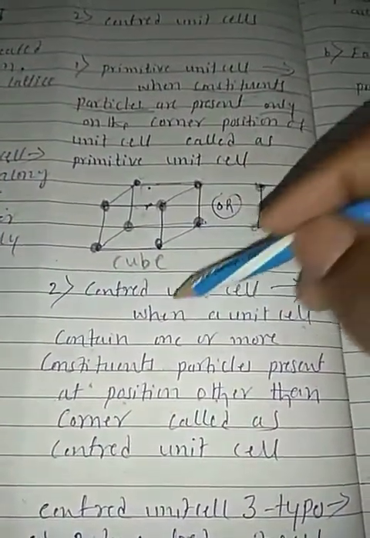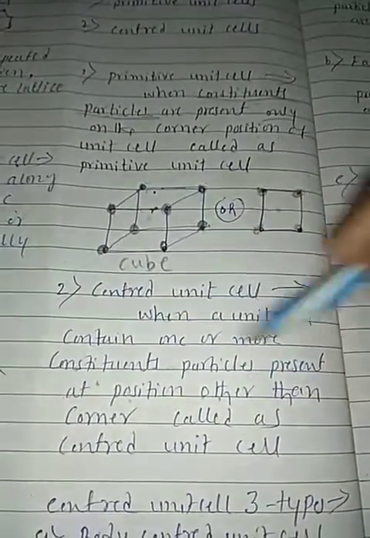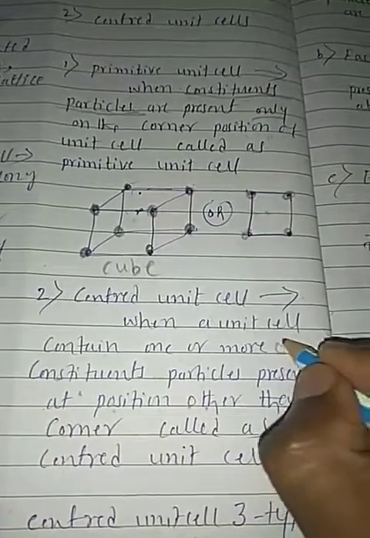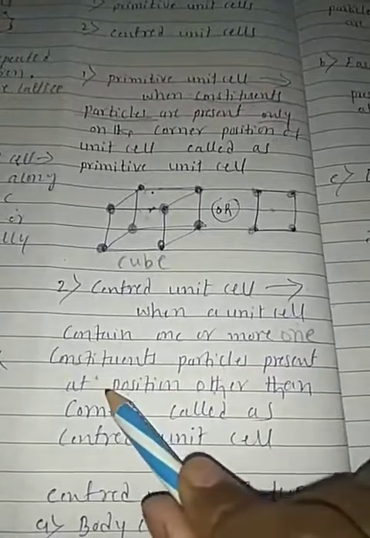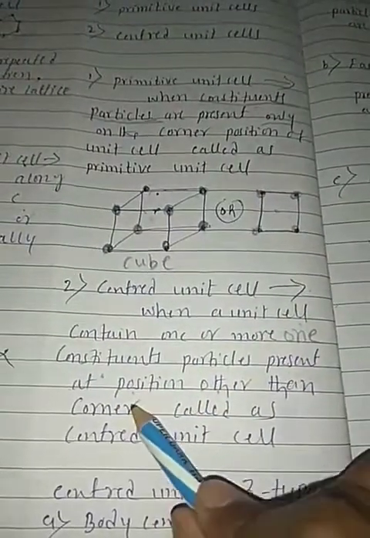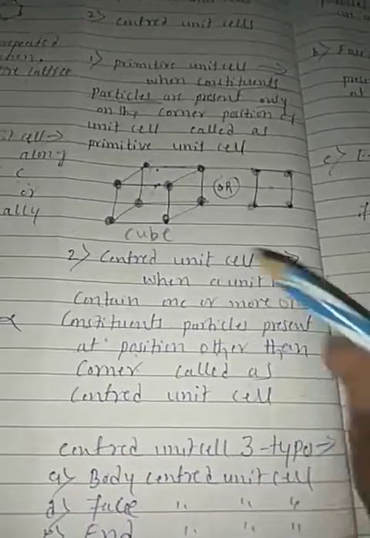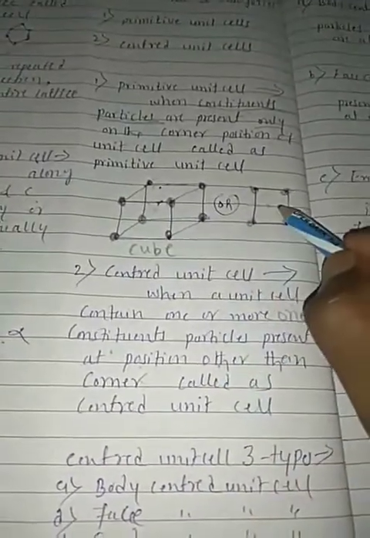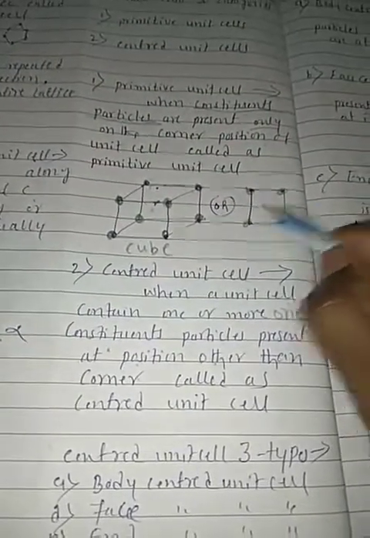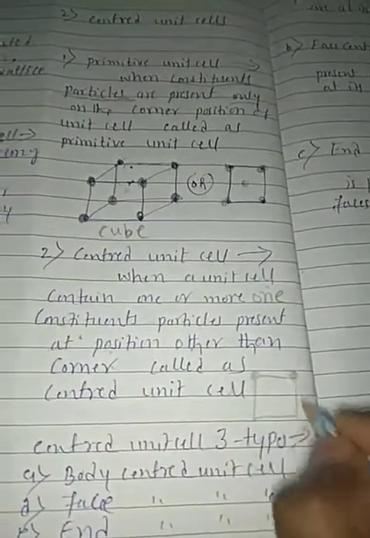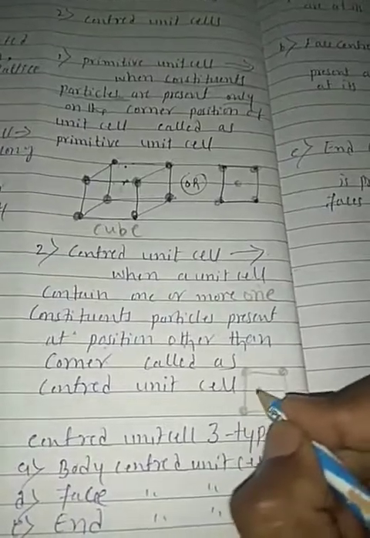When the unit cell contains one or more constituent particles present at a position other than the corner, it is called a centered unit cell. Centered means that besides the corners, a central part is also present: corner along with center.